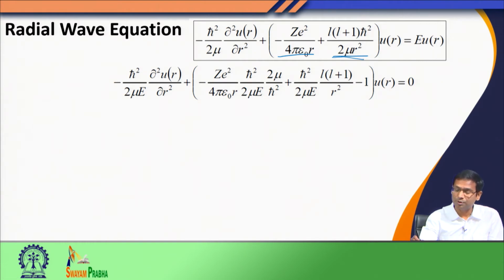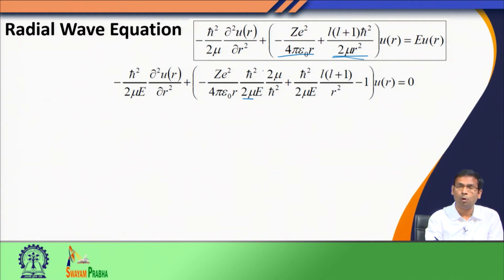What we do is that we divide the energy term E, which is a constant of this equation, into all these terms. So, you can see that my E term is divided here in the first term, and in the second term I have divided by E. You would see why I have done that. What I have done is h bar square divided by 2 mu into 2 mu divided by h bar square, so they essentially cancel out.